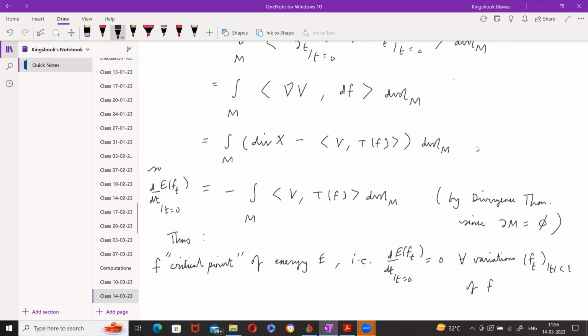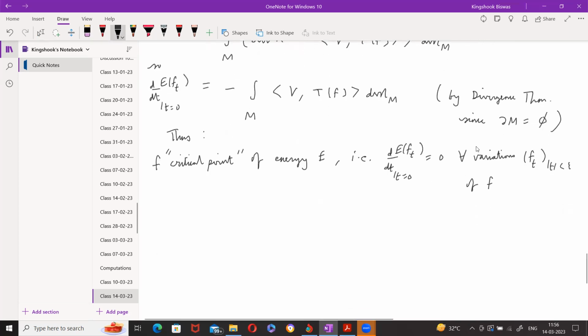This happens if and only if the integral over M of the inner product of V with tau F d vol M is 0 for all sections V of the pullback bundle F star TN.